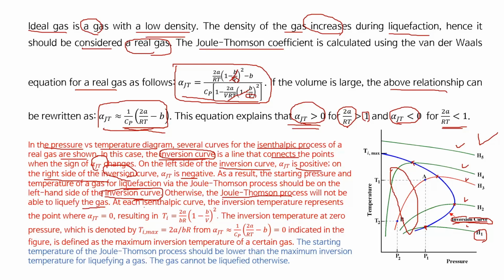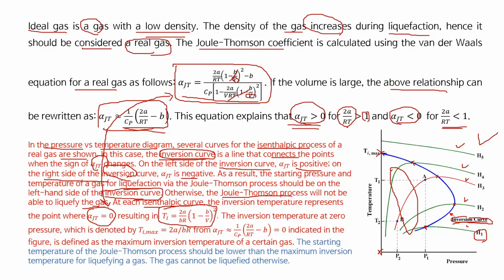On each isenthalpic curve, the inversion temperature represents the point where alpha JT equals 0. So here we have this relation. The inversion temperature at the 0 pressure, so the 0 pressure is here, right?